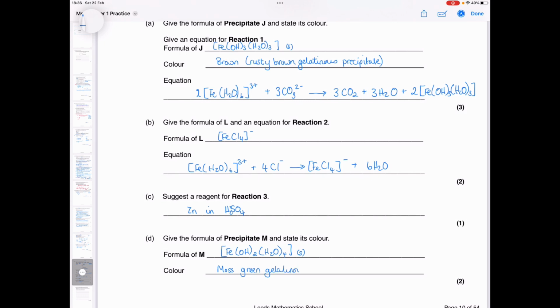Gelatinous precipitate. Very watery precipitates because there's lots of water molecules still coordinated to the metal ion.